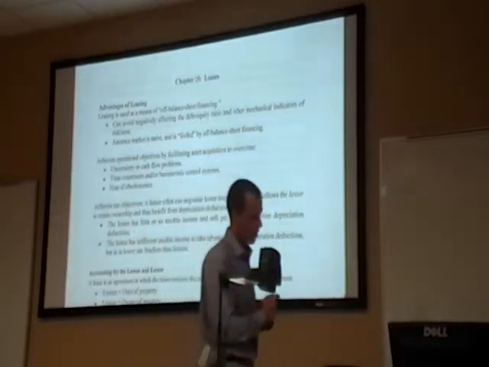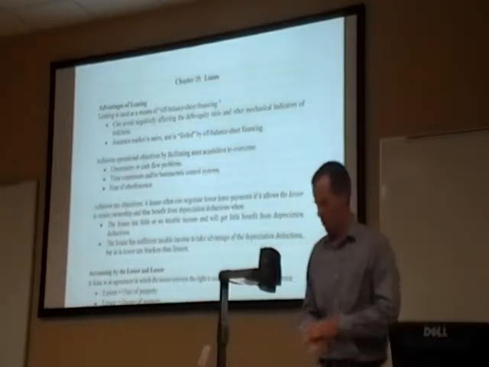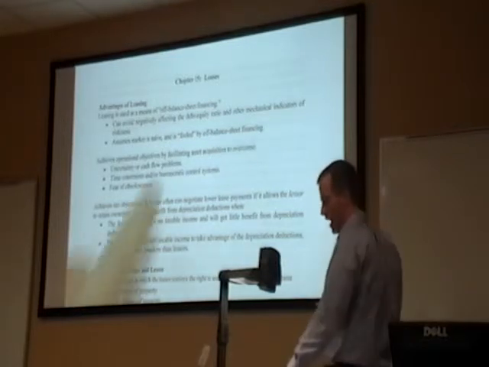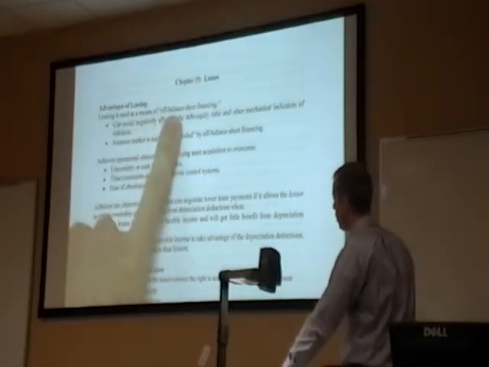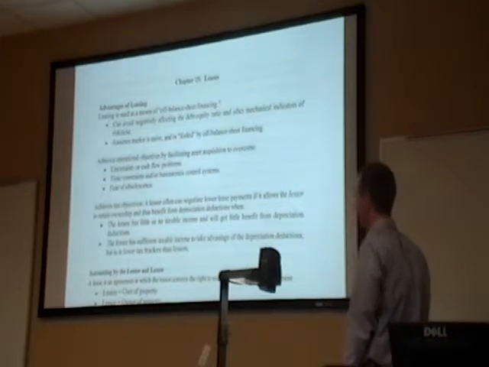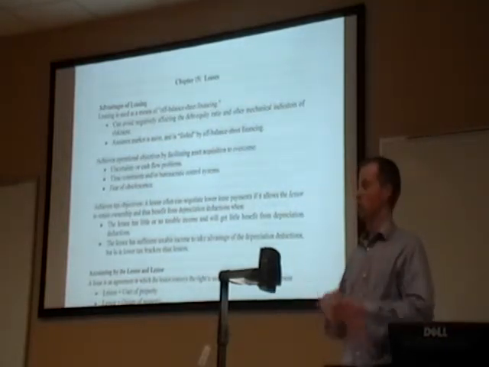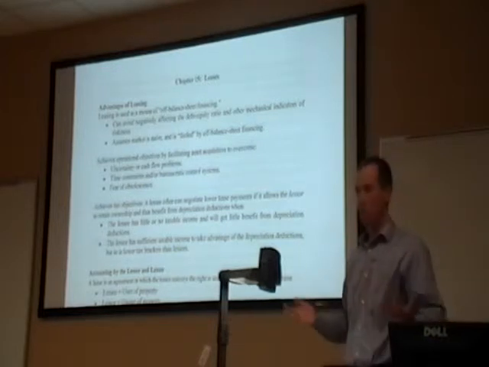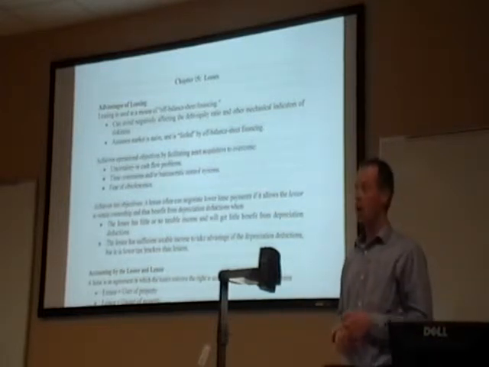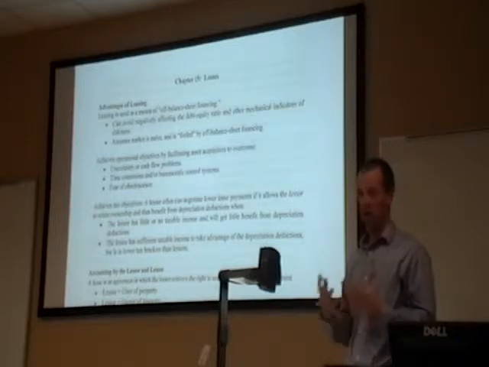And so for a particular type of lease called an operating lease, which we'll talk about, this is a means of what we call off-balance sheet financing. This basically is a way to have an asset that you're using as a firm that doesn't show up on the balance sheet.